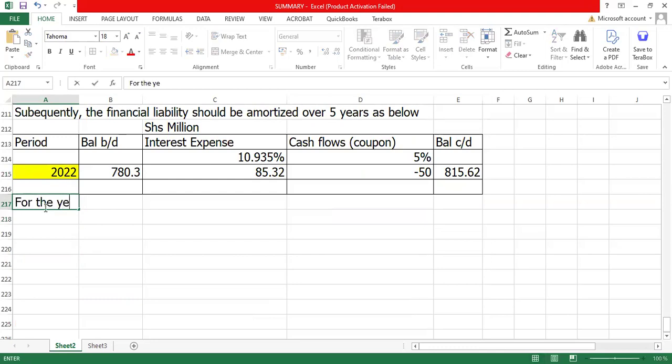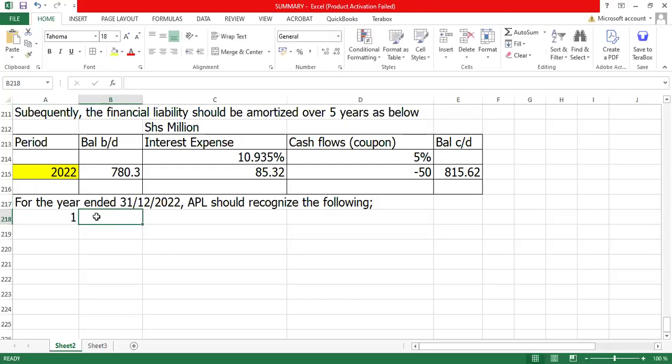So finally, for the year ended 31st December 2022, this company APL should recognize the following.